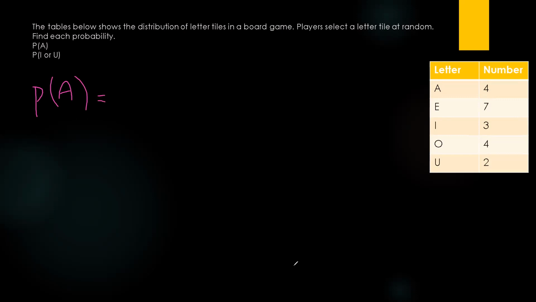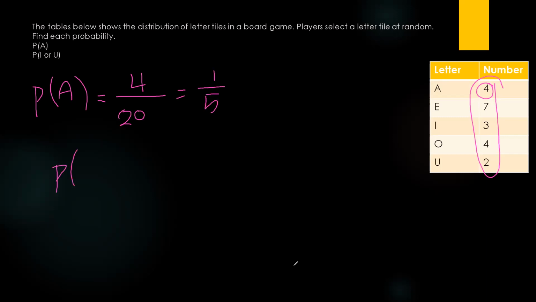So probability of choosing letter A, we have 4 over what? Let's add all of the numbers: 4 plus 7, 11, plus 3, 14, plus 4, 18, plus 2, 20. So it will be 4/20, can say 1/5.